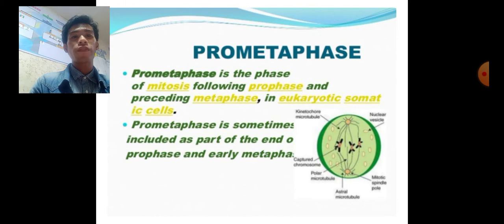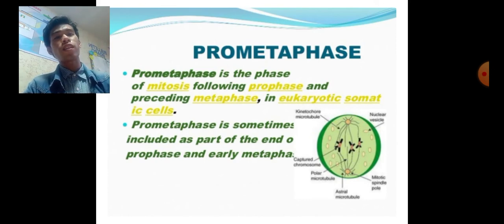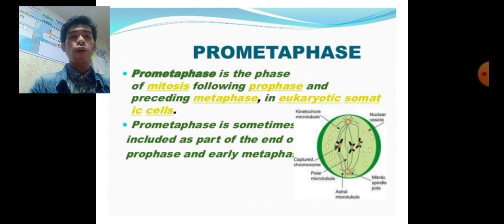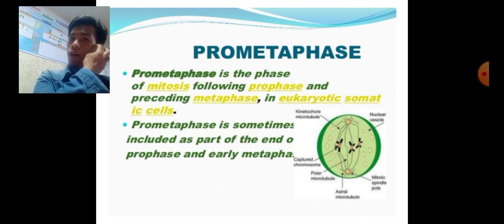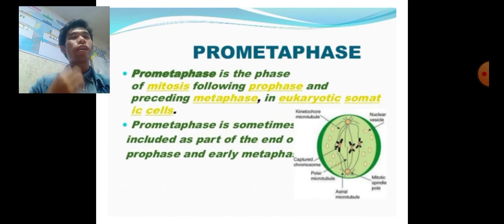So we have here the prometaphase. The prometaphase is the phase of mitosis following prophase and preceding the metaphase. In eukaryotic somatic cells, the prometaphase is sometimes included as part of the end of the prophase and early metaphase, so there is a combination.